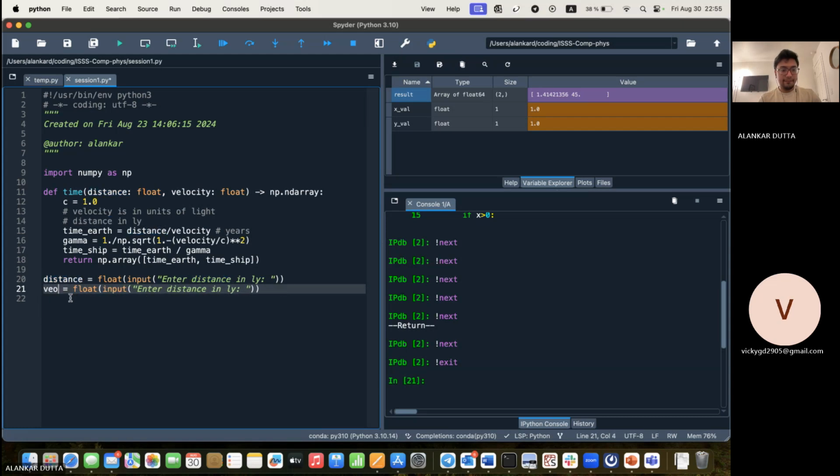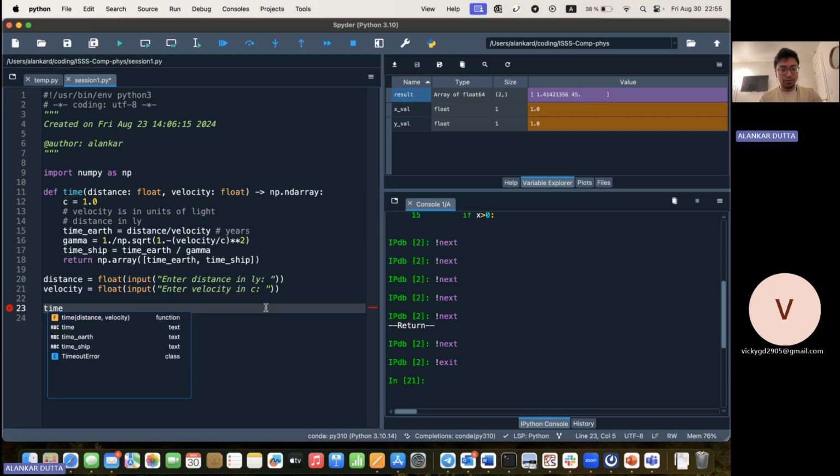Similarly, we'll take in the velocity in here, in units of light speed. And then let's call the result times, so they'll get 2 times in here.